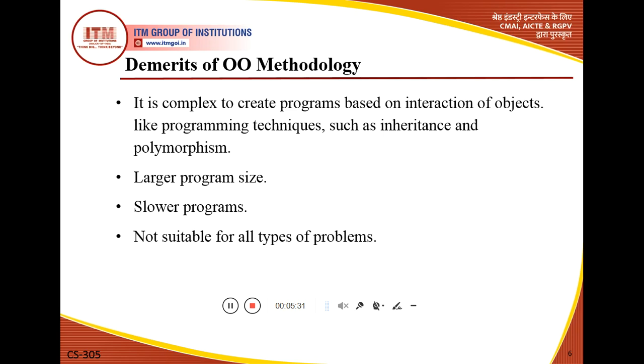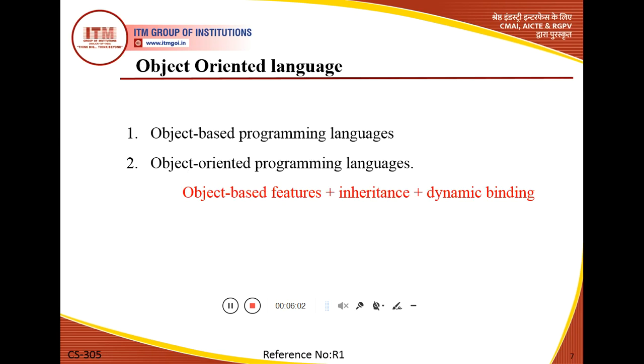Its execution speed is slower than procedure oriented programming, and it is not suitable for all types of problems. All types of problems means if you want to design a logical programming concept or functional programming, it will not be implemented by this programming methodology. So these are some demerits of object oriented methodology.